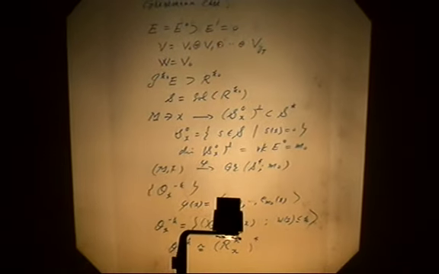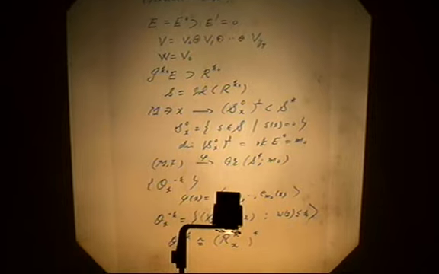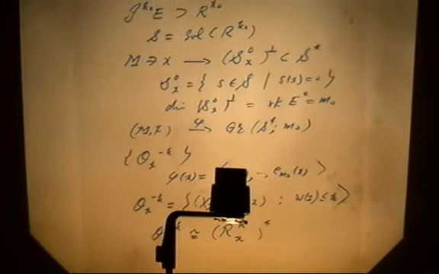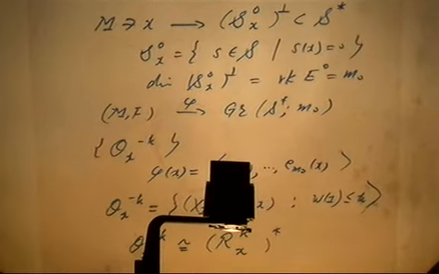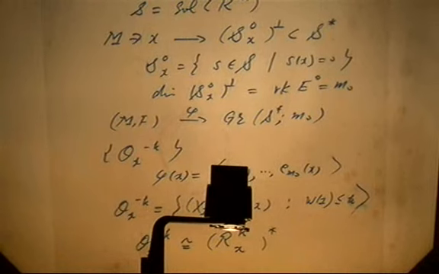And the osculating space is defined by taking phi x as E1 to EM, which are moving frames in V. And we take OX minus K to be the derivatives with respect to Xi.